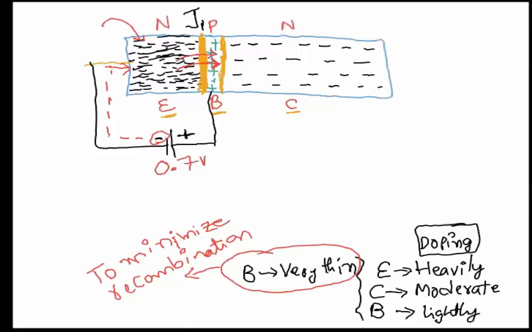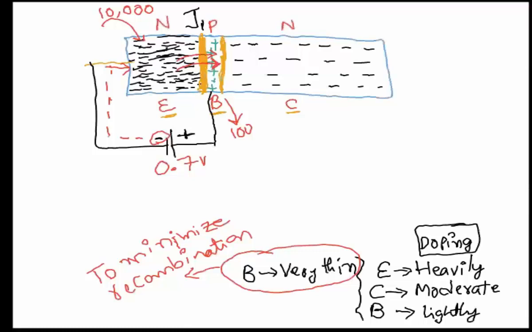For example, if the emitter has 10,000 electrons and the base has only 100 positive holes, then of that 10,000, only 100 will recombine and you're left with 9,900. That's plenty to be carried over to the collector. So that's the purpose of having a very thin region on the base side.